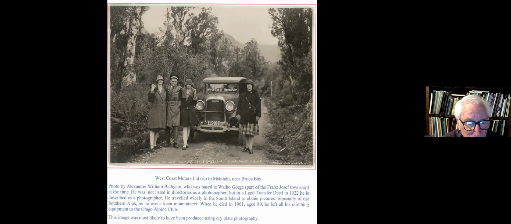He left all his climbing equipment to the Otago Alpine Club. Also the image is probably produced using dry plate photography. I'm not going into the details of that, but that's the sort of technical information which you can have describing images, whether they're postcards or photos, which goes beyond what's actually written on a photo or a postcard.